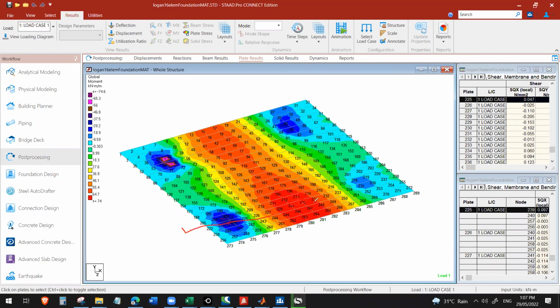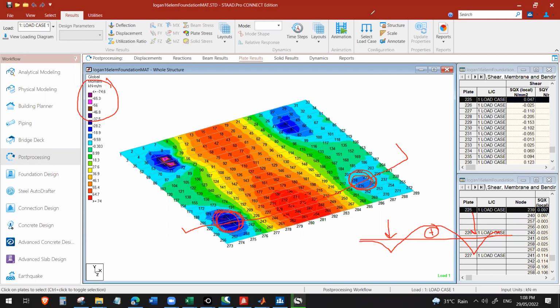If I come up with a section plane there, this will be our contour, something like this. Because our load is here, that's a negative moment, and these portions are our negative moments, the magenta and blue. And here, that's a positive moment, the red.